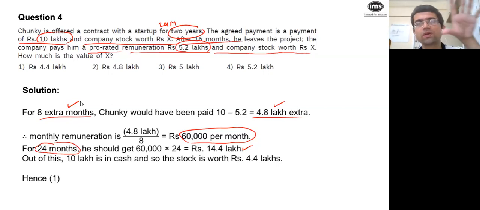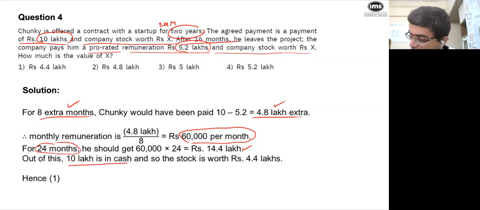For 24 months, he would have got 24 into 60,000, that is 14.4 lakhs. But this was 10 lakhs and a stock worth X. So 10 lakhs was paid in cash out of 14.4, and the remaining has to be stocks. So the value of X is going to be 4.4 lakhs. Right, so we are working on the deficit part here, and getting the answer.